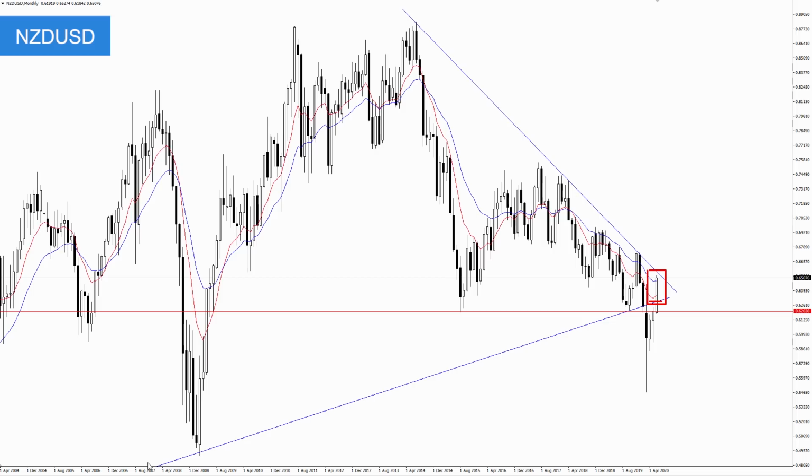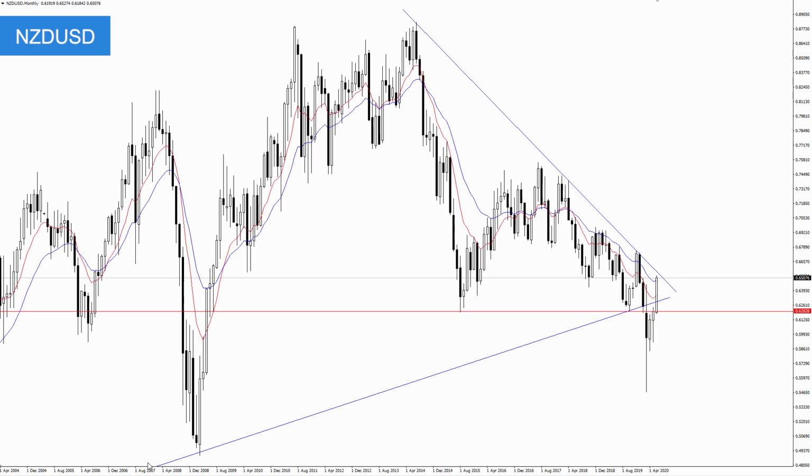Now, if I see the market start to take out 66, the top of this wedge pattern, that could change my mind, because that would start to signal that this down here was the false break, in which case we could see the New Zealand dollar move much higher over the coming months.